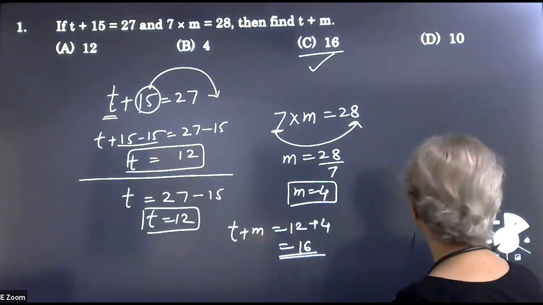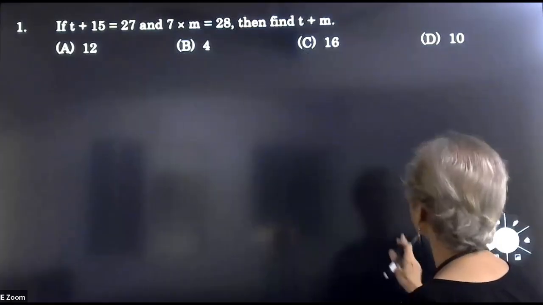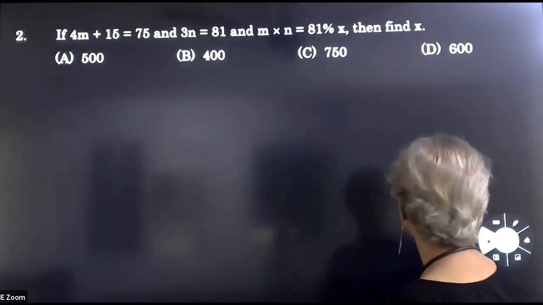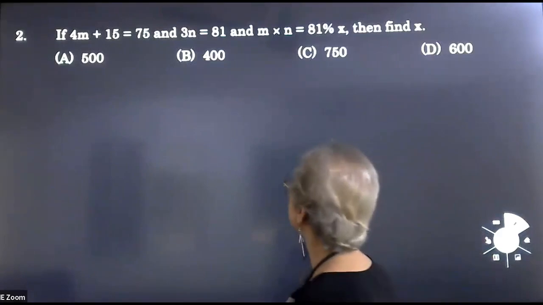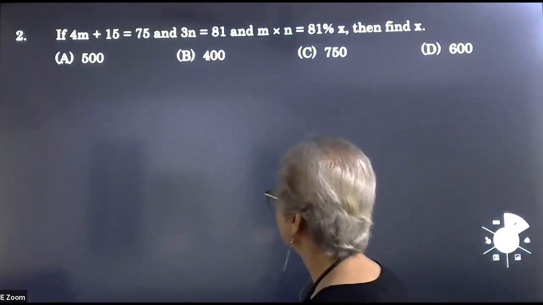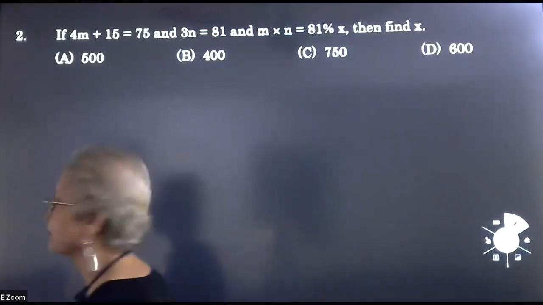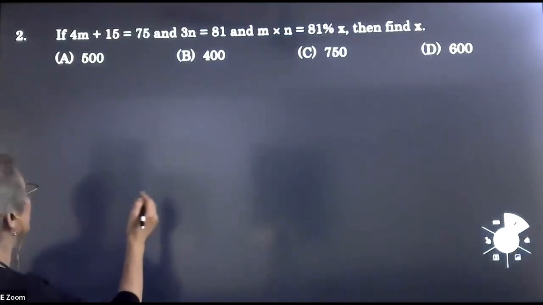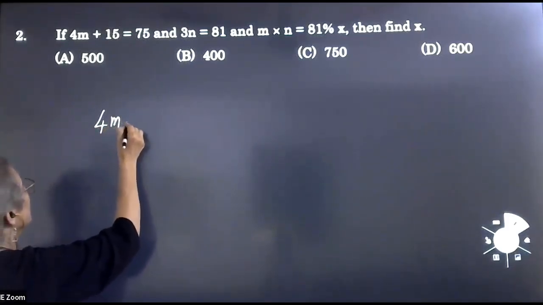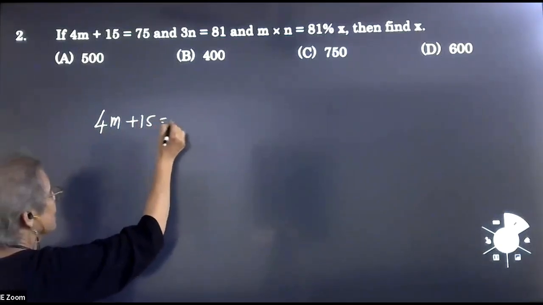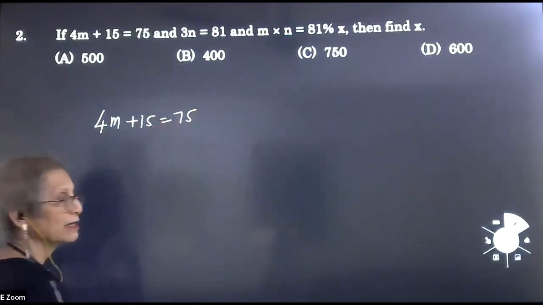Okay, now let us do the next one. Here also the same thing. Look here. It is a slightly different type of sum. Look here. What is given is 4m plus 15 equal to 75.